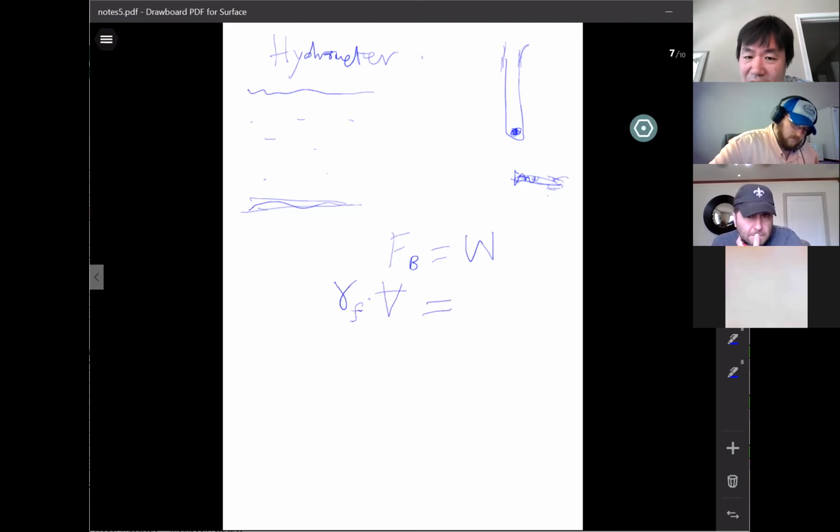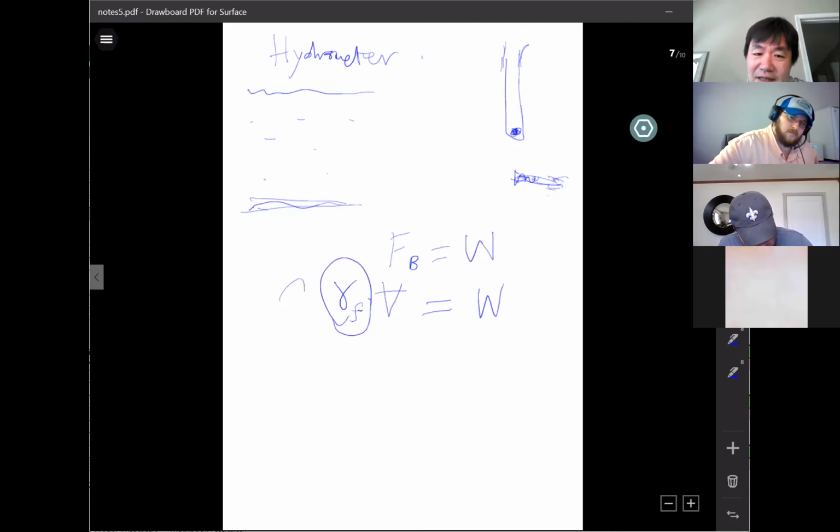Then it's the weight of the object. Now, what you need to record in the experiment is your goal. What you need to know. So you basically design some process to find out the volume and the weight.